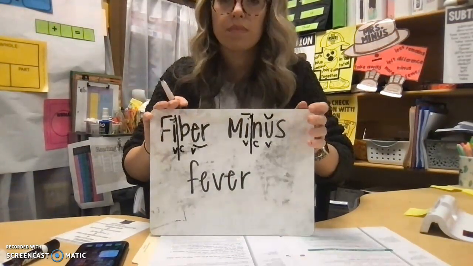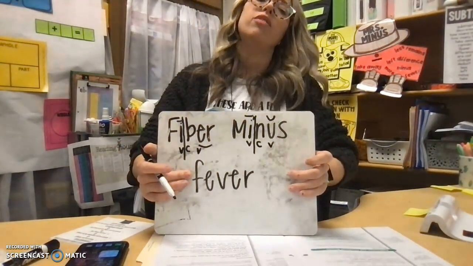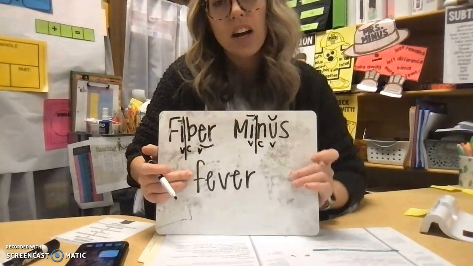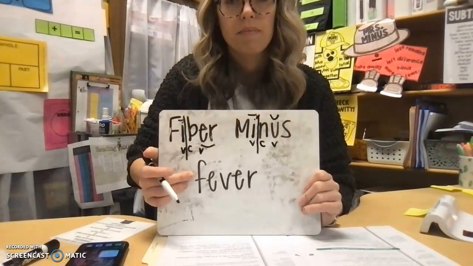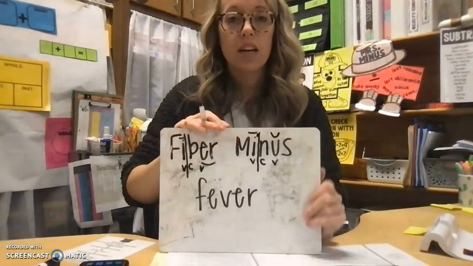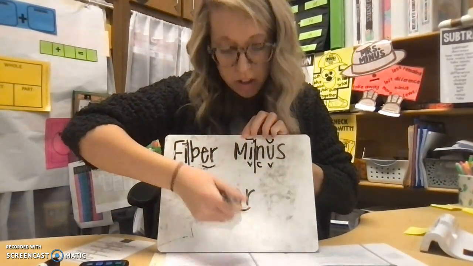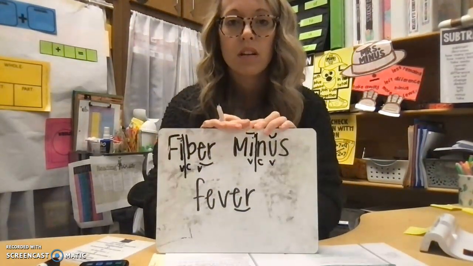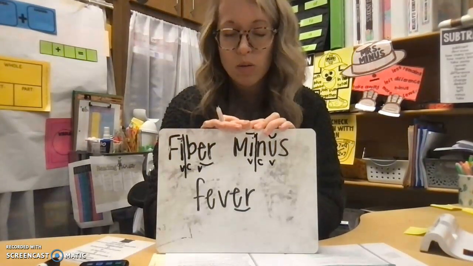All right. Let's go ahead and look at this last word. Fever. Do you see any digraphs, combinations, or anything like that in this word? Yeah, I see combination ER, so I'm going to go ahead and put it in a boat or put an arc under it. Awesome. Now, do you see any vowels?